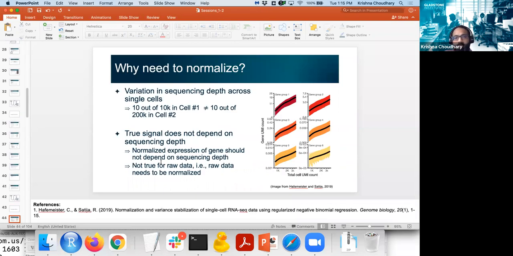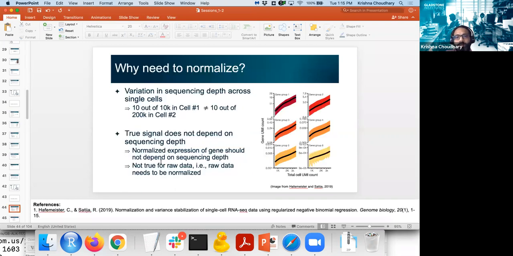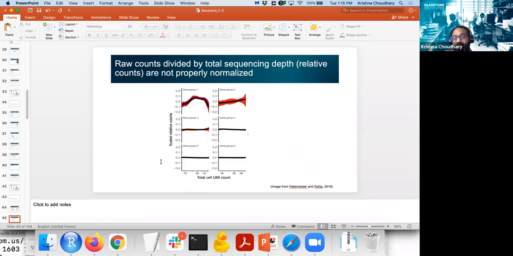And this is what we discussed last. We discussed that the raw data by itself is not normalized, and the first thing that comes to mind is dividing by the total UMI counts in a cell. So if you want to normalize the raw counts, or compare the counts for one gene with another gene, one approach that comes to mind is to divide by the total UMI counts in a cell. Then one would expect that the effect of total sequencing depth variation from cell to cell will be accounted for, but that is not the case, as we looked at with this figure.